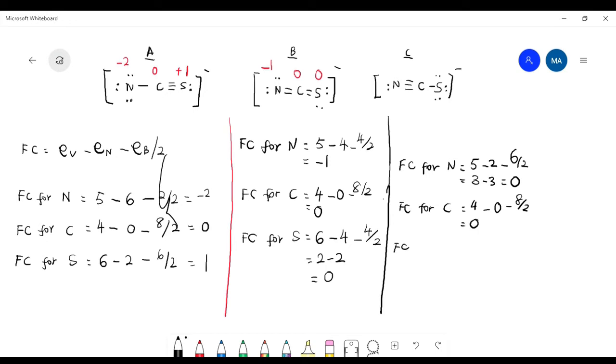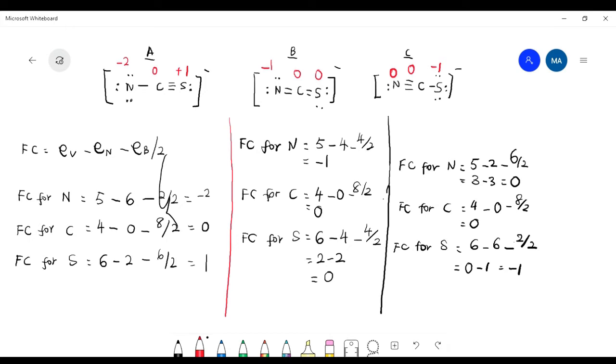And then FC for sulfur, it is 6 minus, we have 6 lone pair electrons here, and then 6 minus 2 divided by 2. So it is 0 minus 1 equals minus 1. In this case, it is 0, 0 and minus 1.